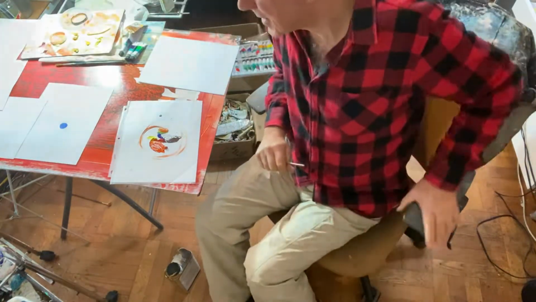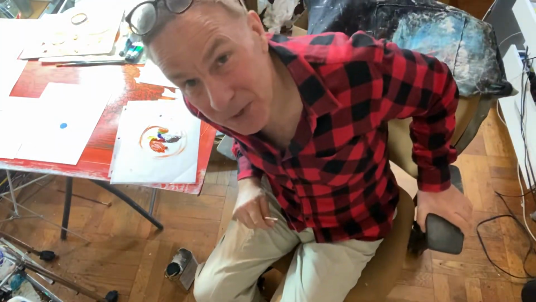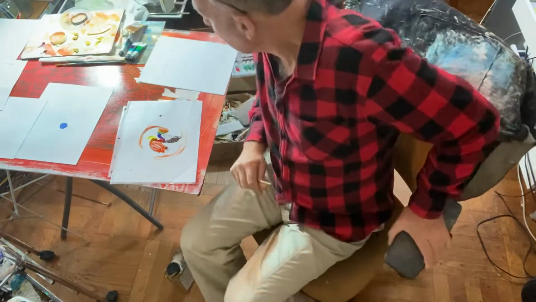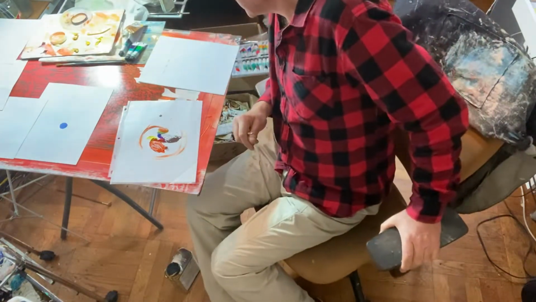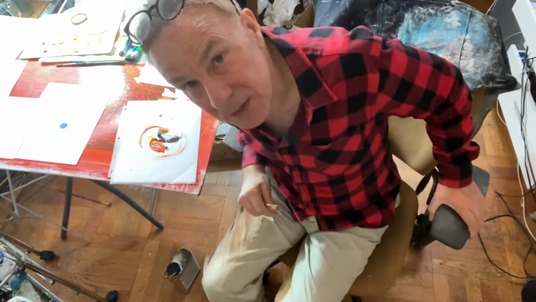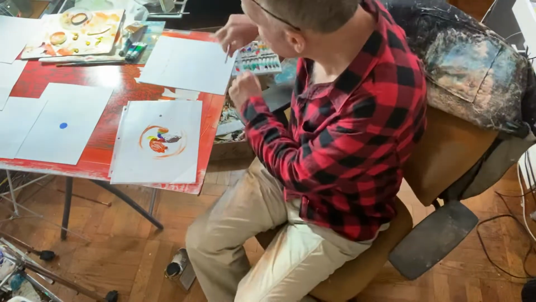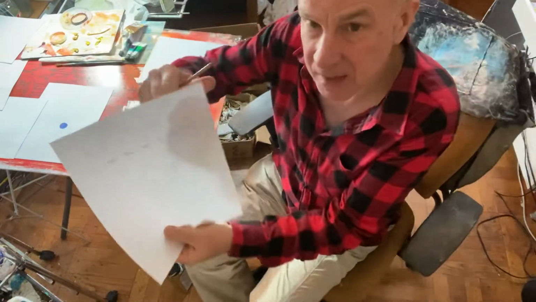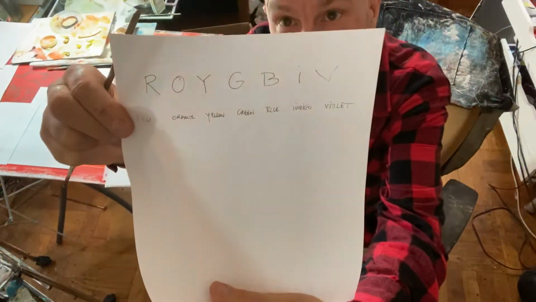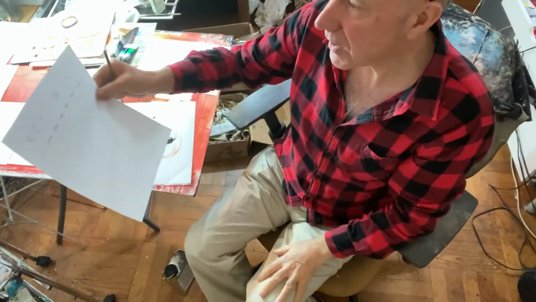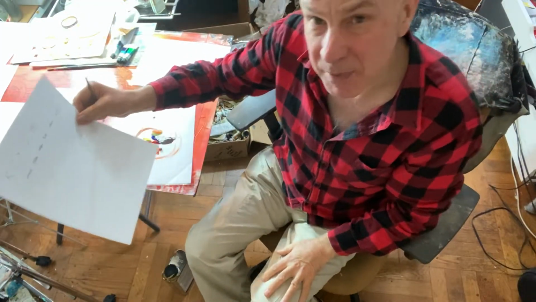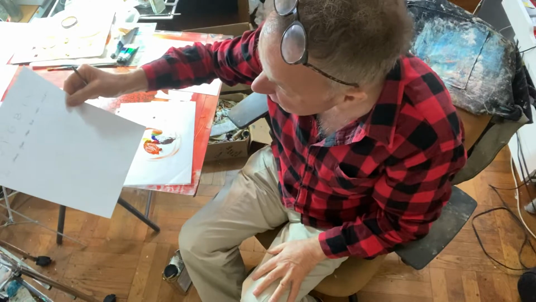ROYGBIV is an easy way to remember the colours of the rainbow: red, orange, yellow, green, blue, indigo and violet. So that's how you remember a rainbow.